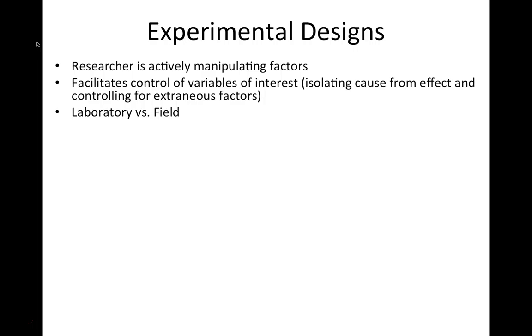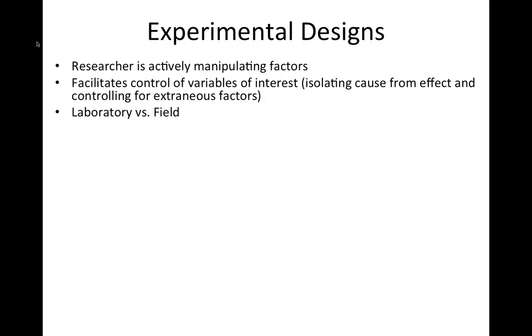Your book does a nice overview of laboratory versus field and the variations in external validity according to laboratory versus field. This is a really interesting piece to me doing alcohol research. There's a lot of laboratory-based alcohol research where we bring people into labs, get them drunk, ask them to sort of project what they would do if they were actually in a sexual situation.